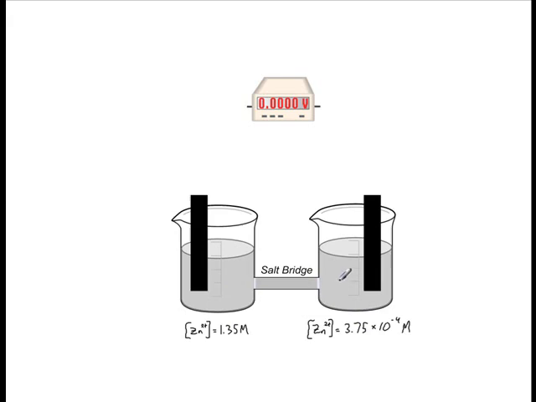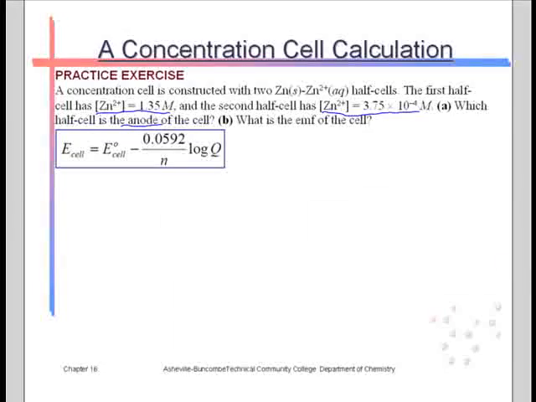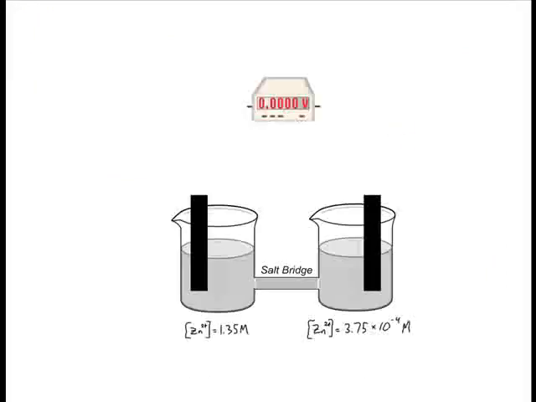The driving force in this voltaic cell that's described in this problem is this concentration issue. So let's look at this. The first half cell has a higher concentration. The second half cell has a lower concentration, and that's what you see here. What's the driving force? It's the difference in concentration.